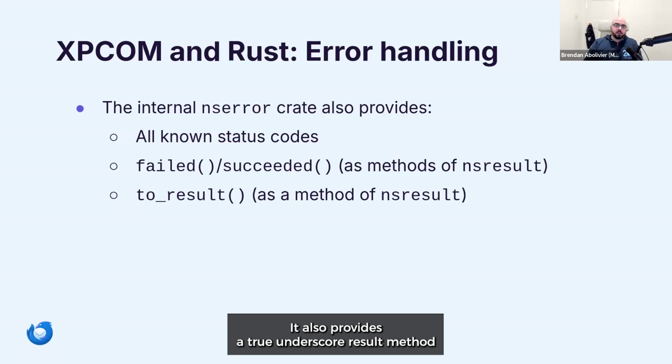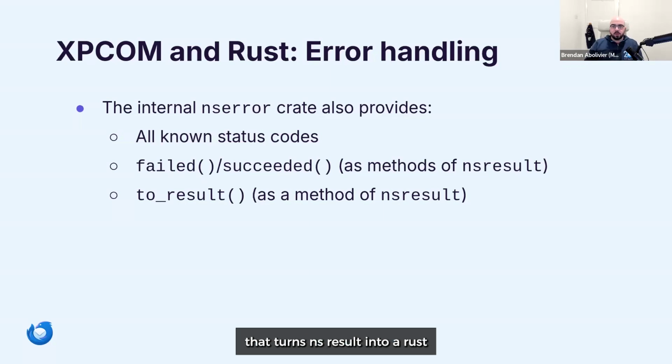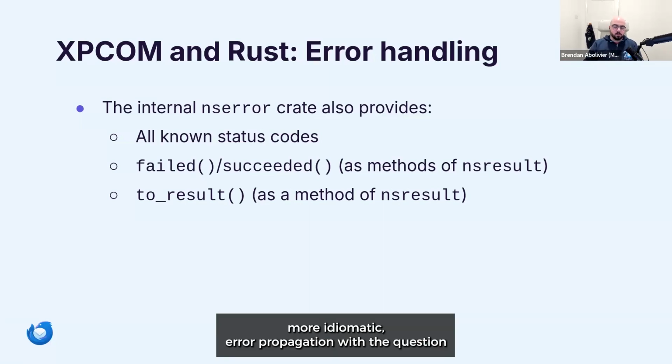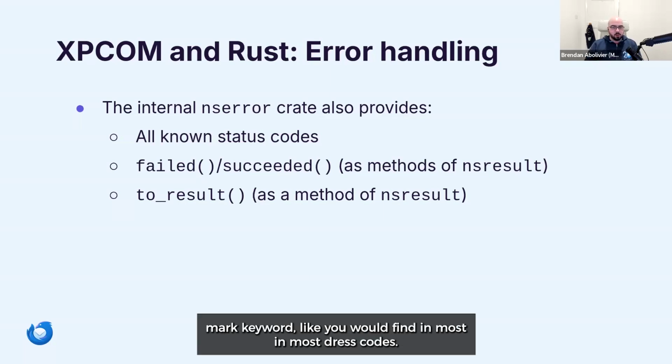It also provides a to_result method that turns an nsresult into a Rust Result and allows more idiomatic error propagation with the question mark operator, like you would find in most Rust code.